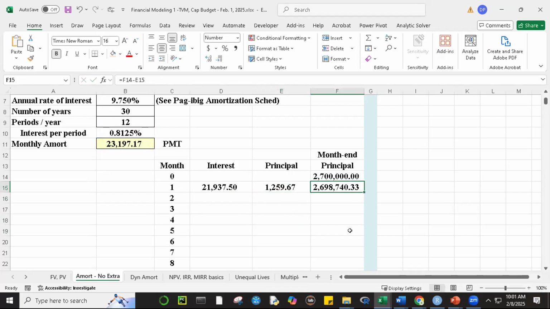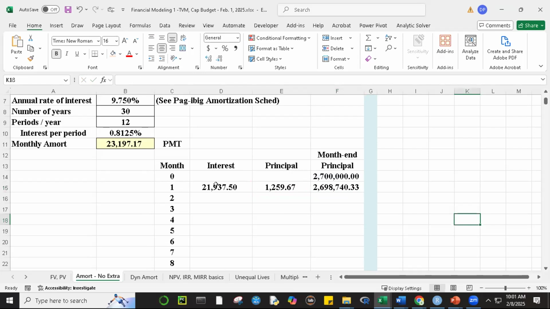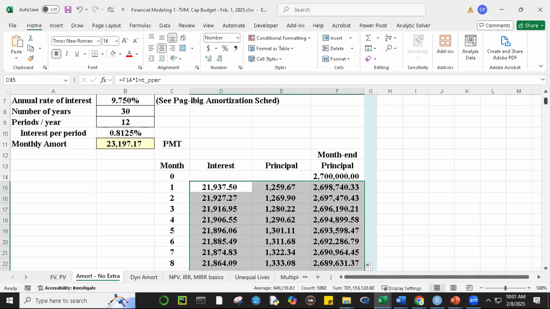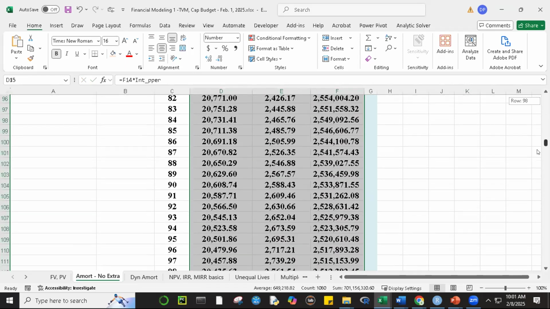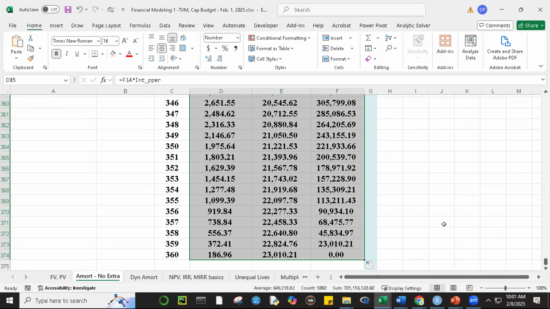And the principal balance will still be whatever the previous one is minus the principal reduction. So what we can do now is highlight this and then copy this down. You can see the crosshair here. Click this, and it automatically runs up to 360.